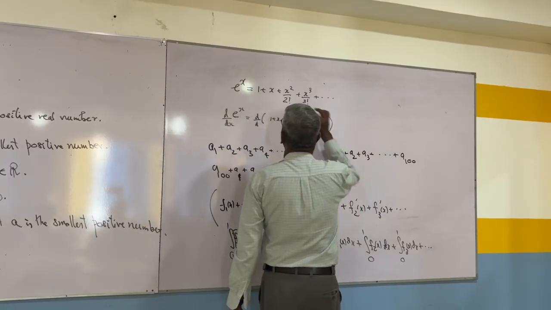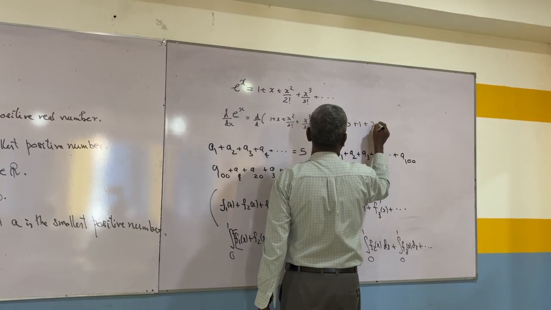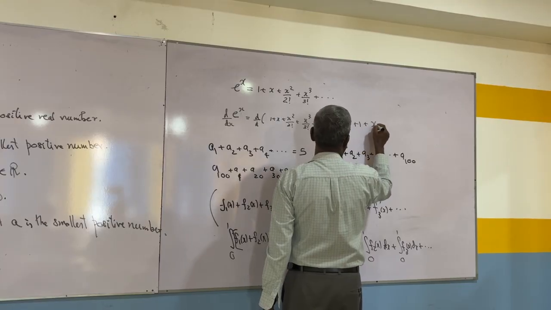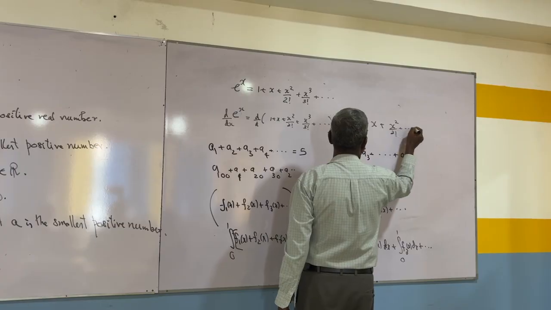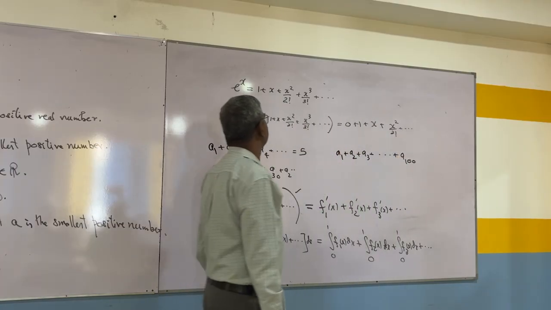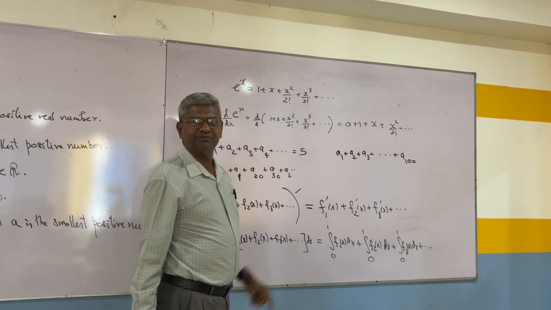Maybe your teacher told you derivative of 1 is 0, derivative of x is 1, derivative of x squared over factorial 2. You are taking the derivative of each term.